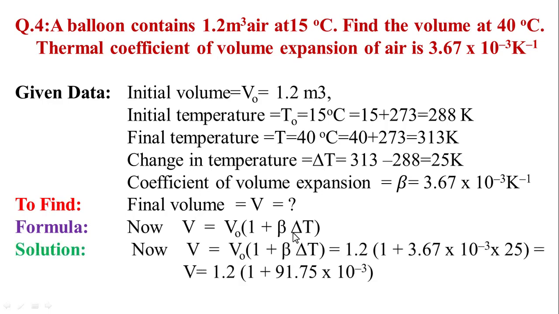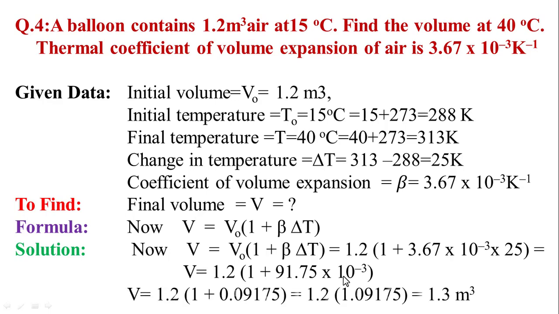For solution, putting the values, then V is equal to 1.2 into 1 plus 3.67 multiplied by 10 raised to power minus 3 multiplied by delta T 25. First of all, 3.67 multiplied by 25 is equal to 91.75, so V is equal to 1.2 into 1 plus 91.75 multiplied by 10 raised to power minus 3.